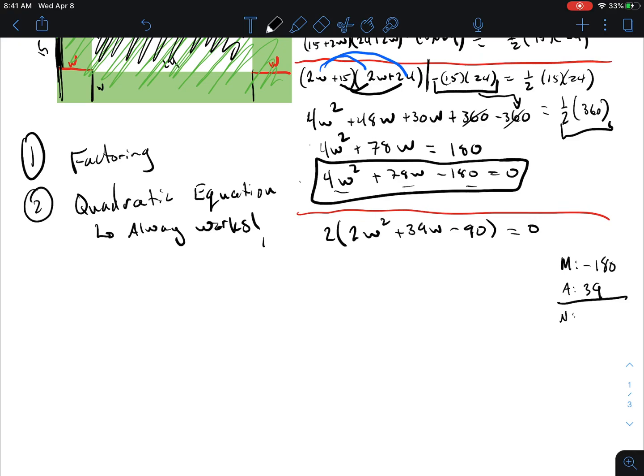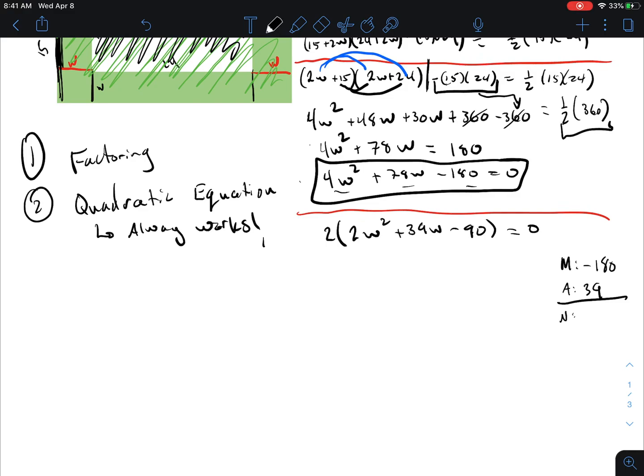180 divided by, we'll just start at 3, because we're probably going to get two numbers that are pretty close. So 60 and 3 multiply to 180, or negative 180, but that's not going to add to 39. So start again. 180 divided by 4 is 45. That's getting closer, right?